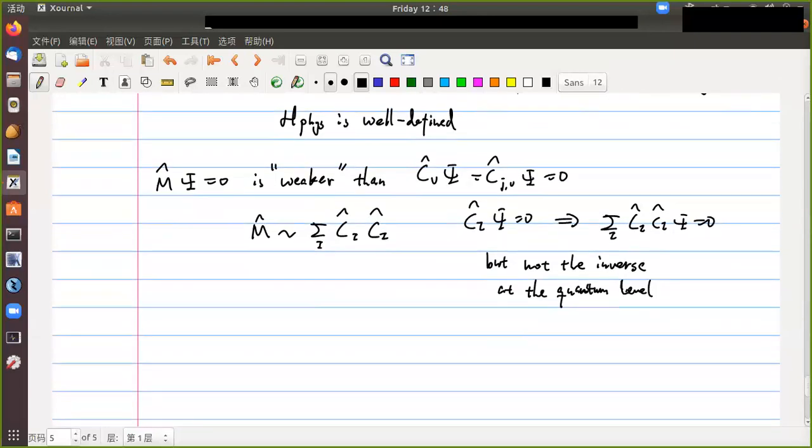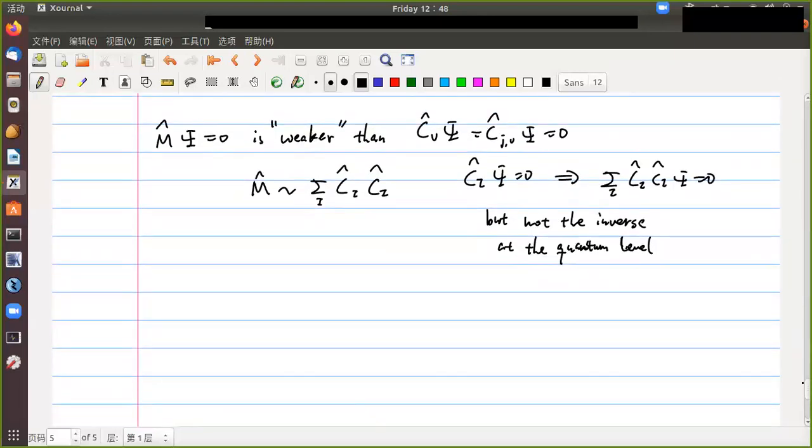So this master constraint may be viewed as a resolution of quantum constraint anomaly.